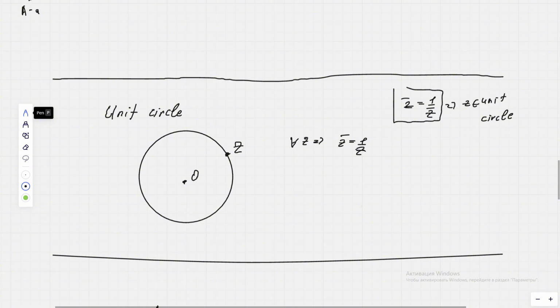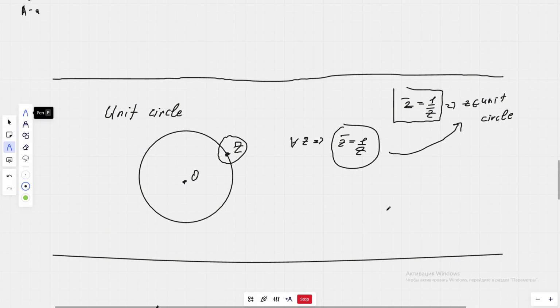Okay, let's talk about the unit circle. It is a circle centered at point 0, having a radius of 1, and there's a property that for any point Z on the unit circle, Z conjugate equals 1 over Z. It is really important because if this expression takes place, then it means that Z lies on the unit circle.